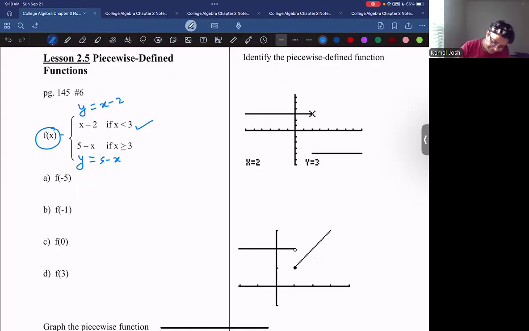What is f of minus 5? You have to check whether minus 5 is greater than 3 or less than 3. Obviously, minus 5 is less than 3. So your rule is going to be x minus 2.